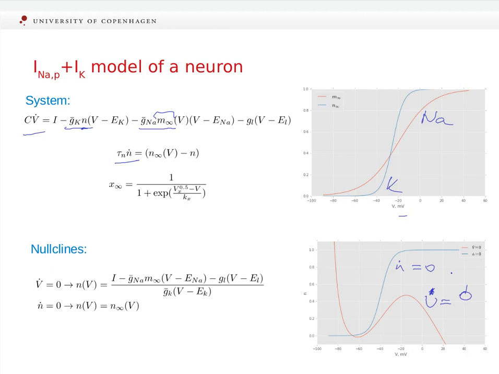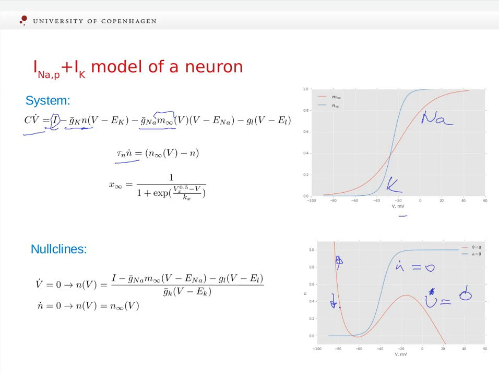Note that any change in the amplitude of the applied current, the current we stimulate our neuron with, will just shift the V null line upwards or downwards depending on the sign of the applied current. Depolarizing currents will shift the V null line up, and hyperpolarizing currents will shift the null line down.